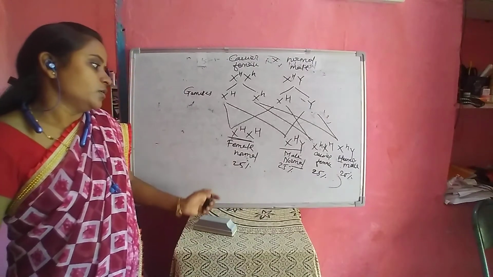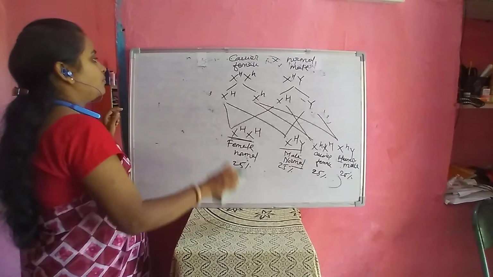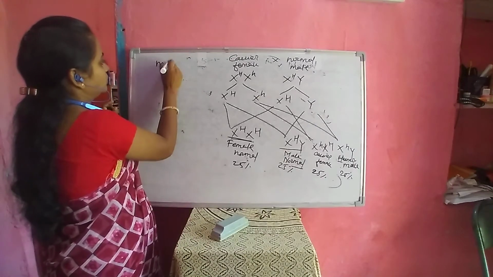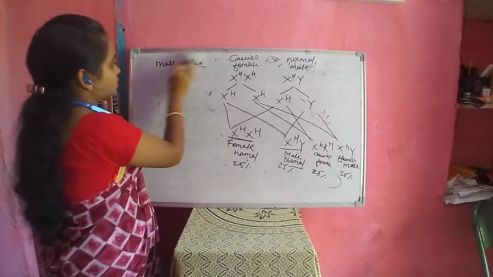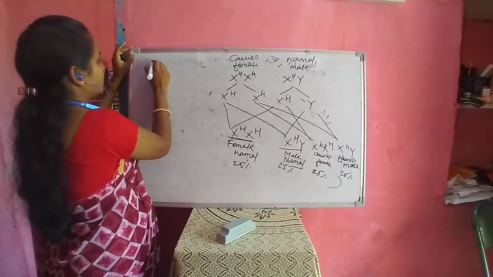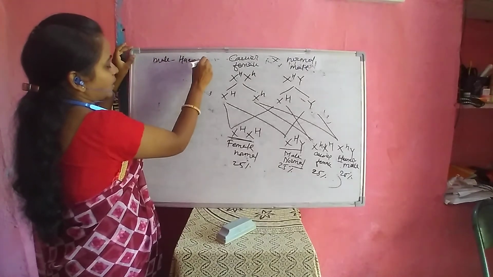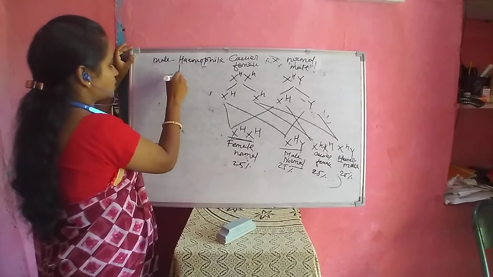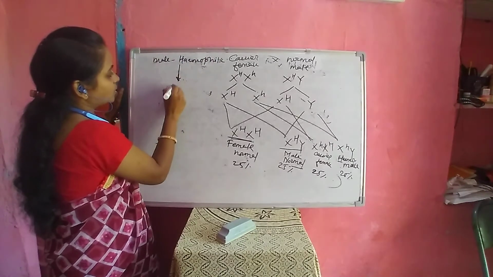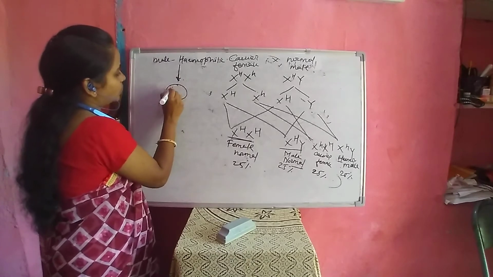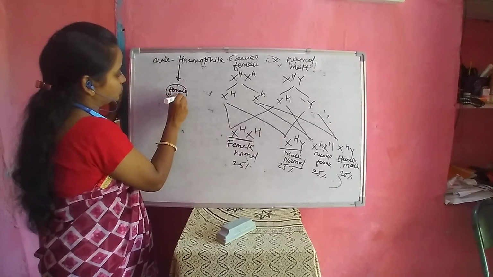So when you see this condition, firstly, the male was hemophilic. In the first condition, the male we took was hemophilic. After that, in the first generation, the gene was transferred from this hemophilic male into the female daughter.